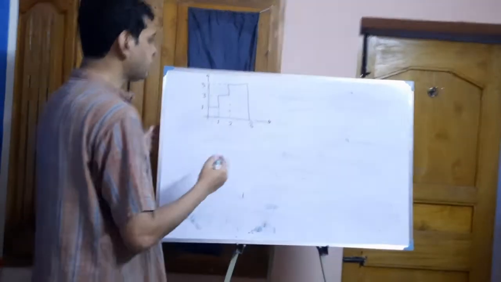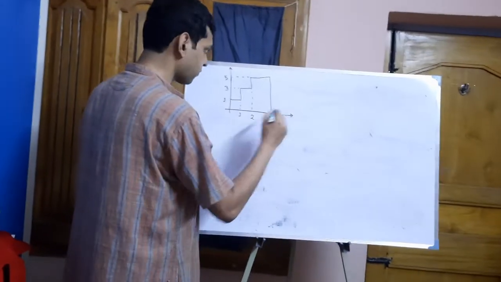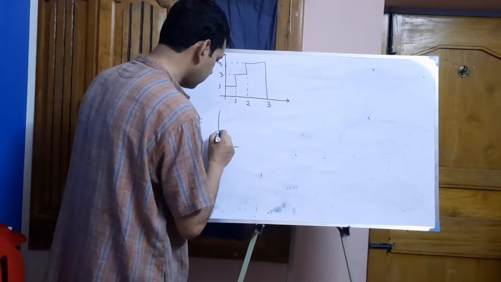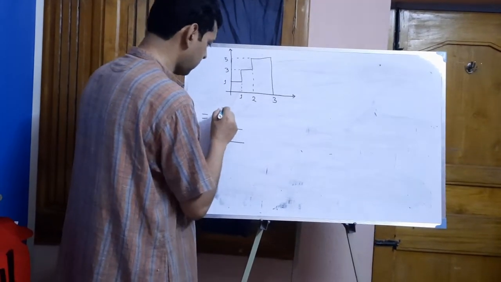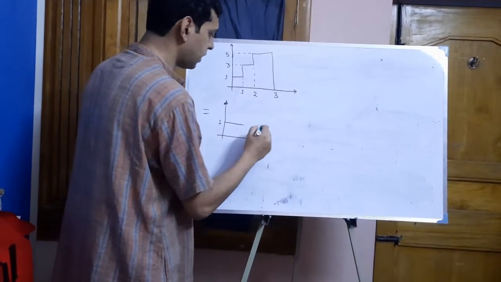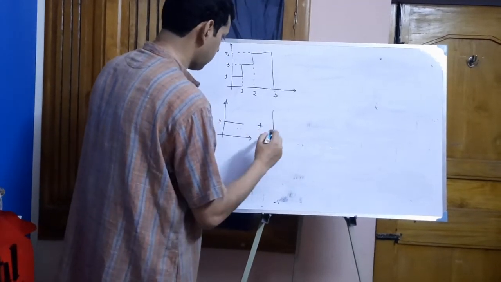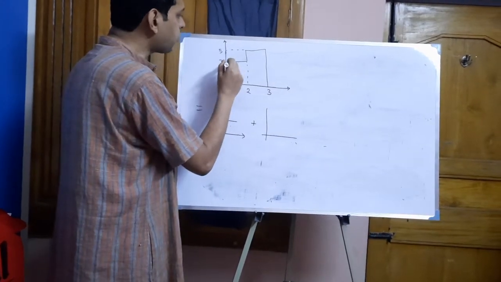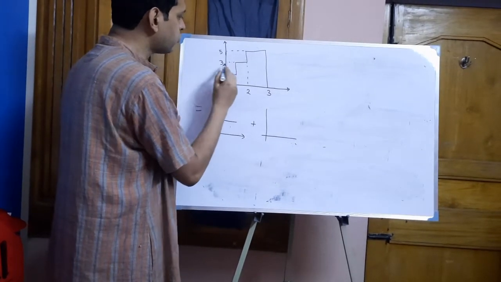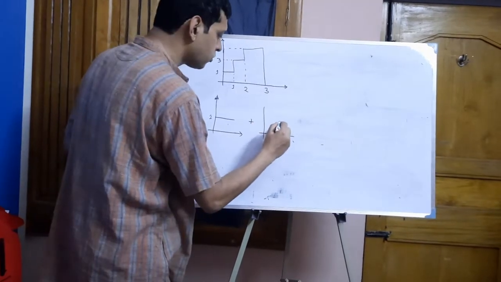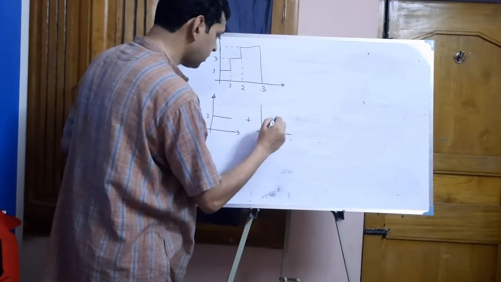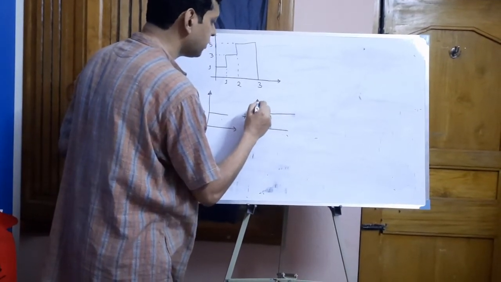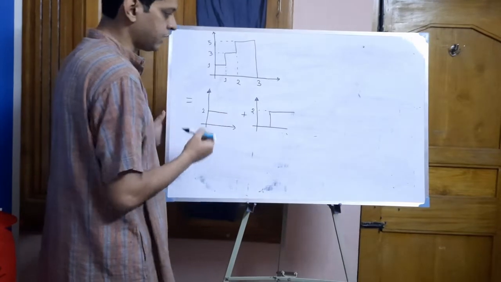So we can write this as this one plus, after t equal to 1 there is another step of 2. 3 minus 1 equal to 2. So after t equal to 1, this is another function which adds 2 with 1.